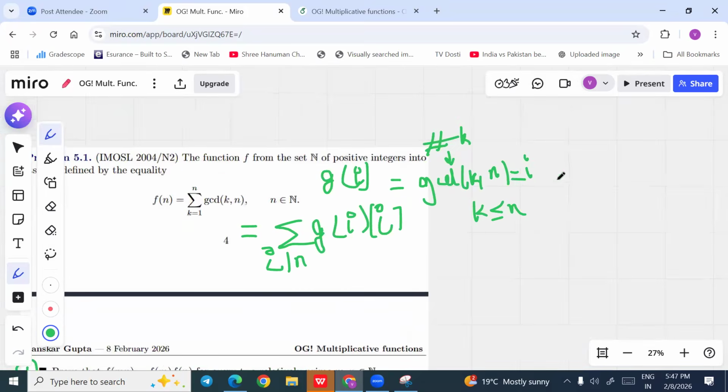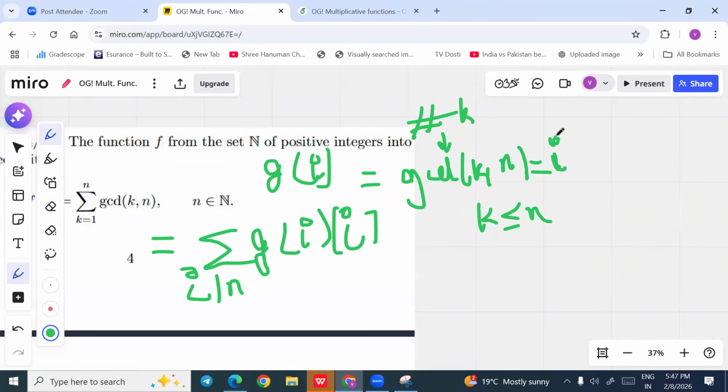So GCD can take values of the form I, where I is a divisor of n. So for each I, it's counted g of I times, right? Because that many k's are solutions to this. So each I is counted g of I times, and you just sum it up over all divisors I. So you'll get this.